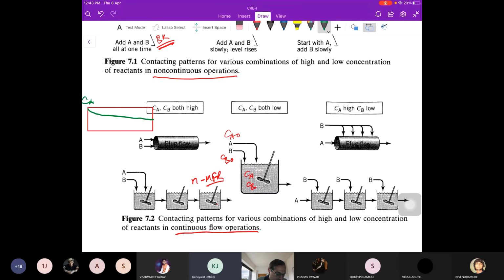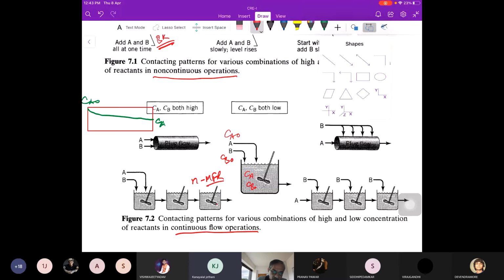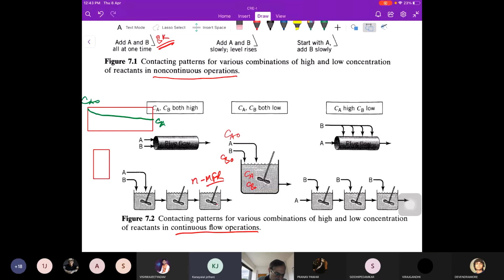Suppose this is CA naught, this is CA. Mixed flow reactor में क्या होता है? Immediately it becomes CA. So concentration lower रहता है.